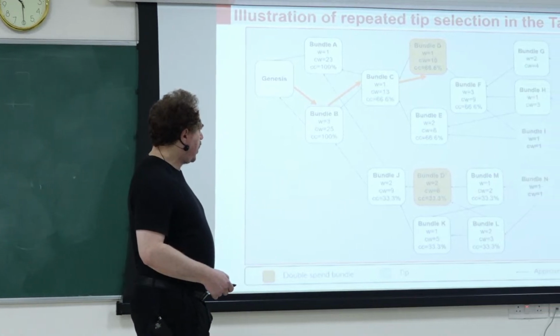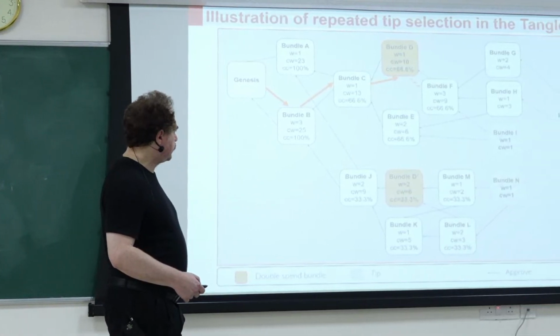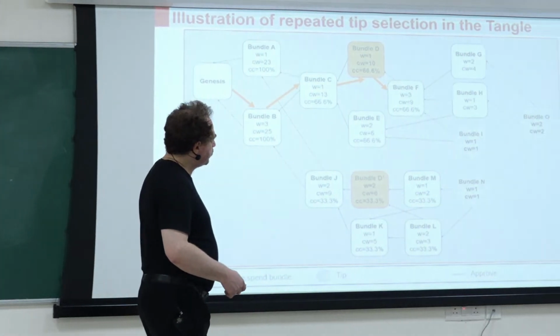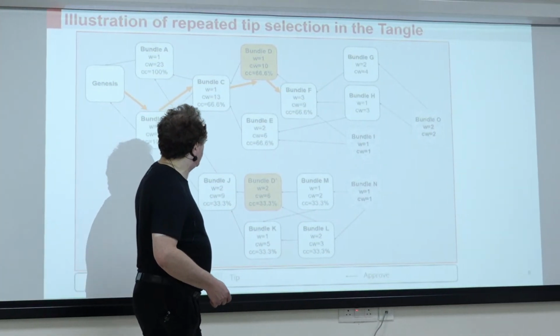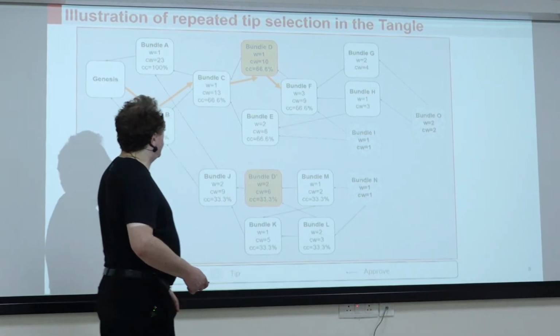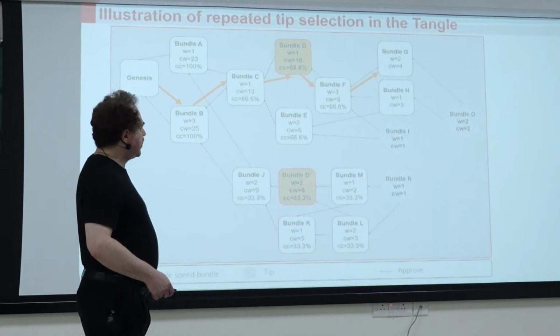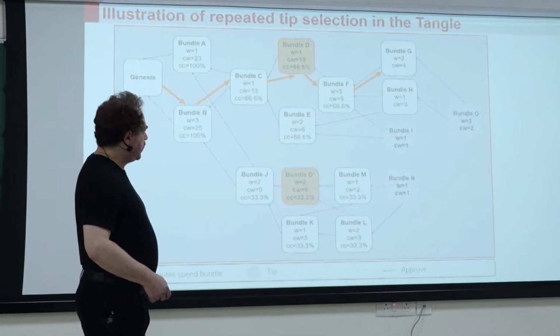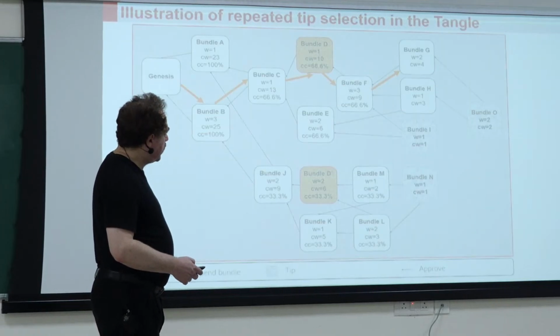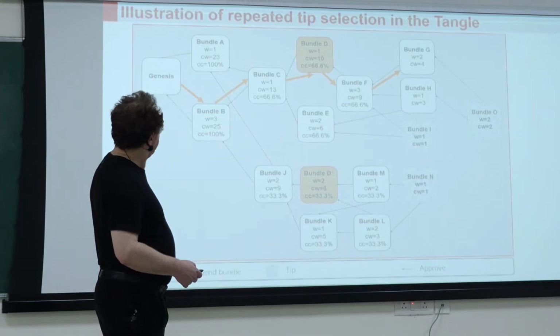Next step, I select bundle D. Next step, I select bundle F. By the way, from bundle G here, I had only one choice. Then select bundle G. And here I stop.